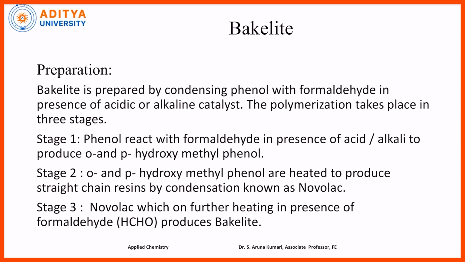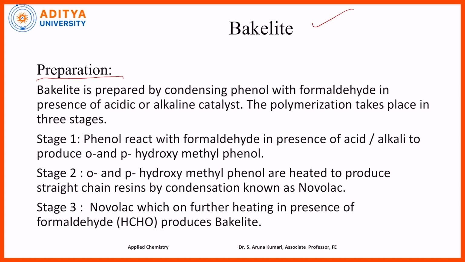Now, let us see some individual polymers, their preparation, properties and uses. Under this, we have one such polymer which is known as bakelite. Bakelite is named after the scientist who prepared this polymer. Now, let us see the preparation of bakelite.